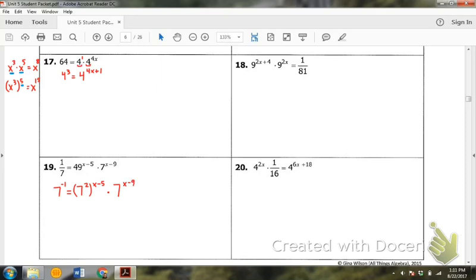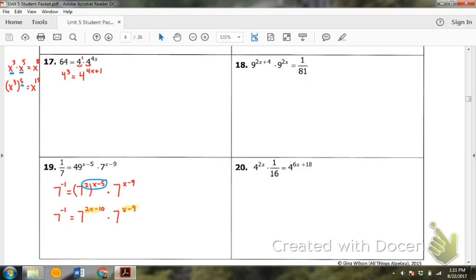Now, before we can add together, what do you think we need to do? Distribute. We're going to need to settle this 2 times x minus 5, right? We need to take care of that first. So this becomes 7 to the 2x minus 10 times 7 to the x minus 9. What do we do with these two exponents up here?